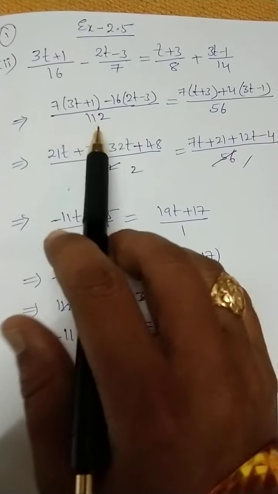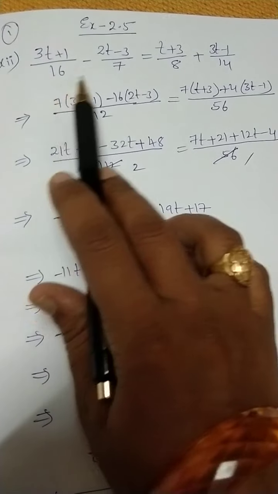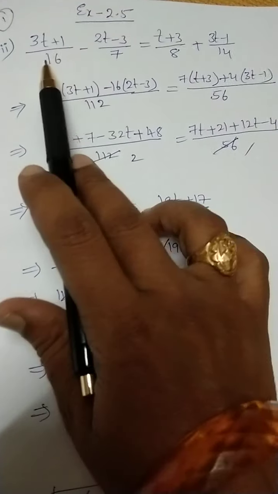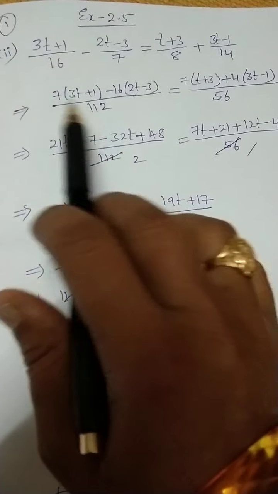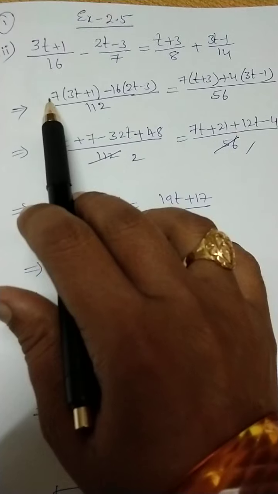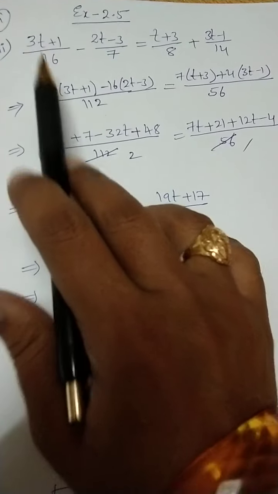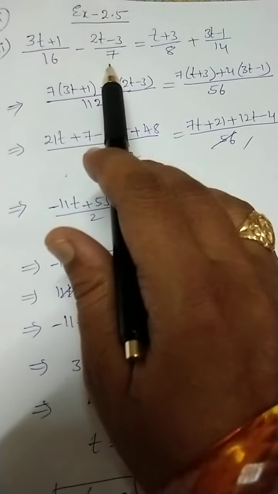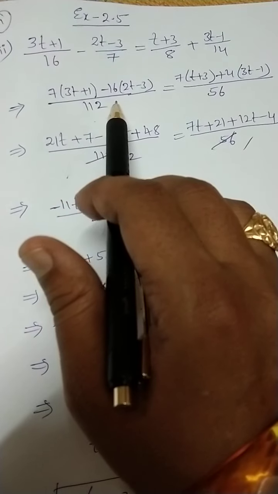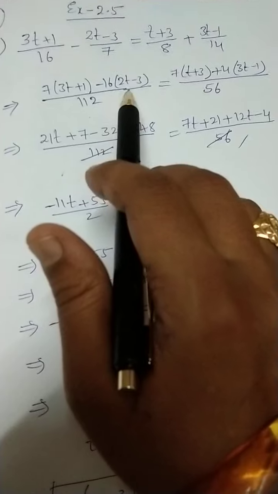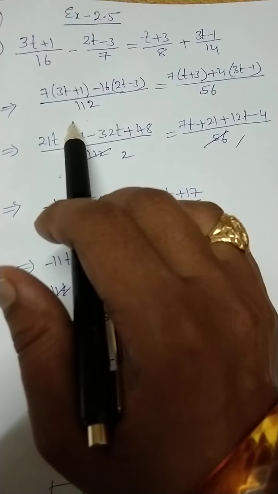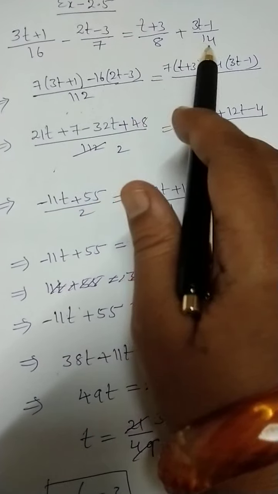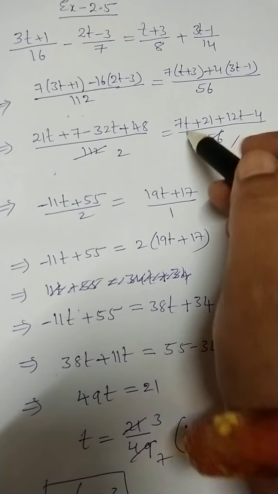Now take the LCM for these two numbers. 112 is the LCM, so 16 sevens are 112. 16 in 112 goes 7 times, so 7 into this numerator 3t plus 1 is minus, here 7 in 112 goes 16 times, so 16 into 2t minus 3 by 112 is equal to, here in the same manner 8 fourteens are 56.